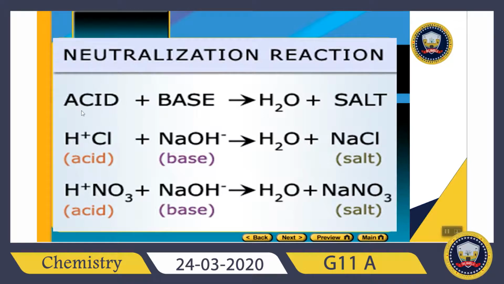Weak acid means the ionization is very weak, and strong base means the ionization is very high. What will happen? The solution of the salt will be basic. Why? Let us jump to the next slide.